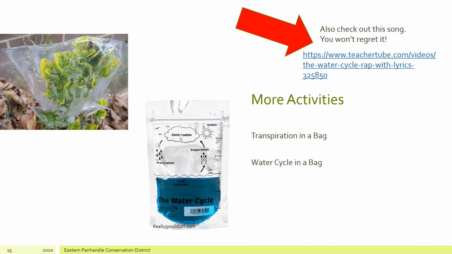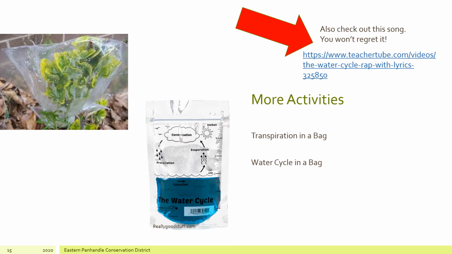So a couple activities that can be done at this level when we're talking about that transpiration. Since we're talking about gas forms of water, we're not going to be able to see it. But if you take a plastic baggie, especially a clear plastic baggie, that way you can see it and also allows the sunlight to come in a little bit more easily, you can put that plastic baggie over a plant, a tree limb, anything that you have.